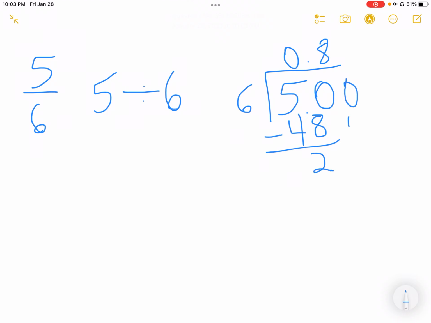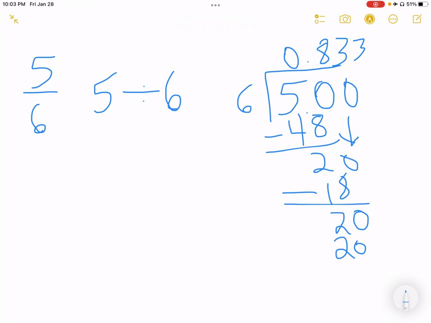And then we can bring a 0 down, and that would be 3, and that would be 18, and that would be 2, 0, 3. And you guys can see this pattern here.